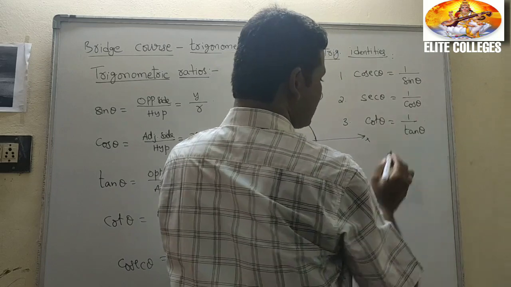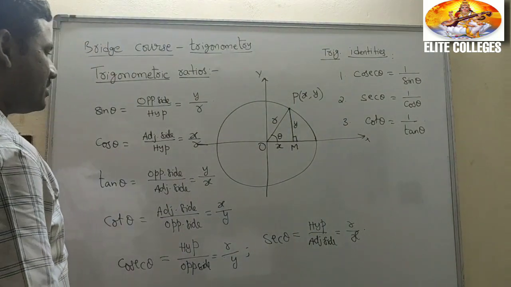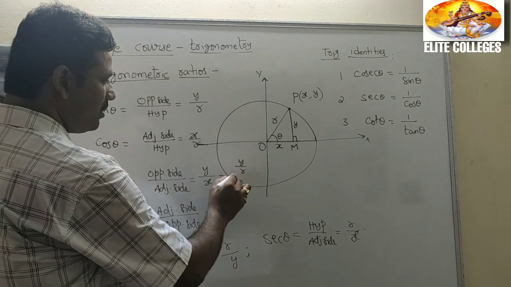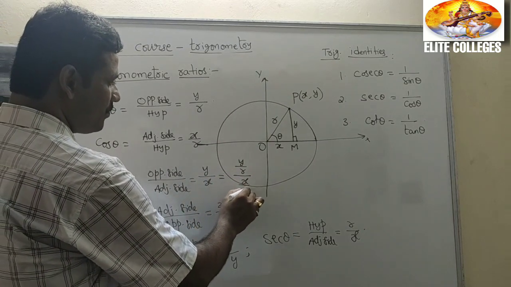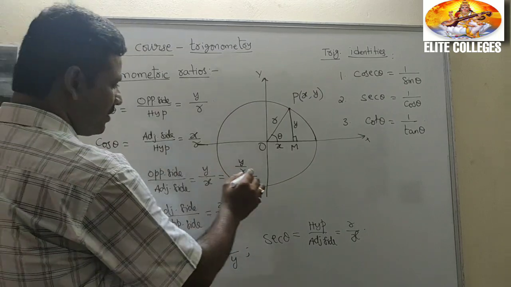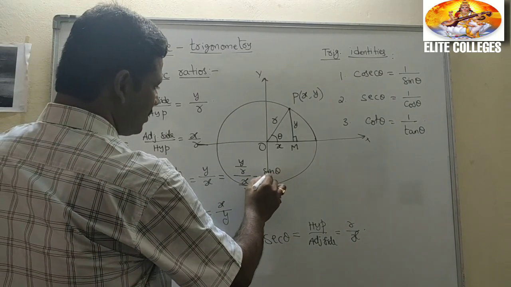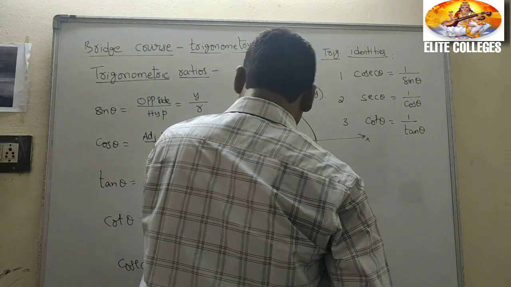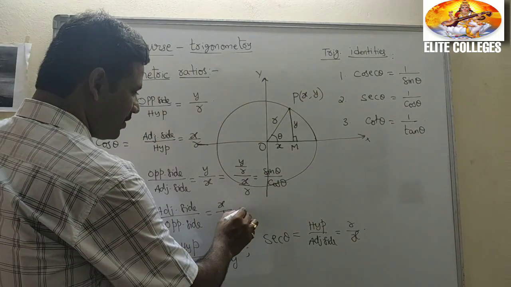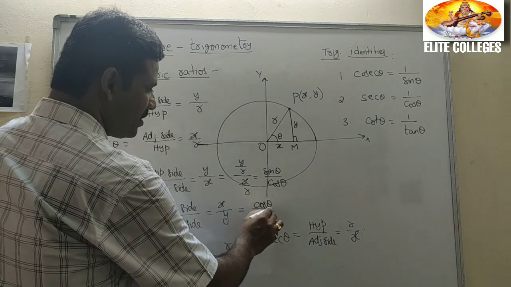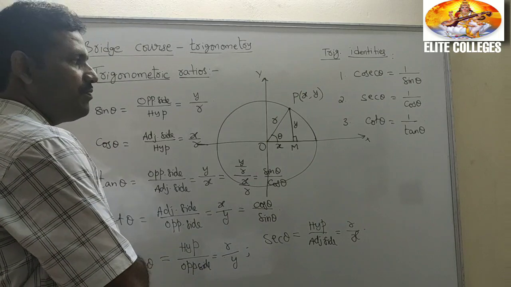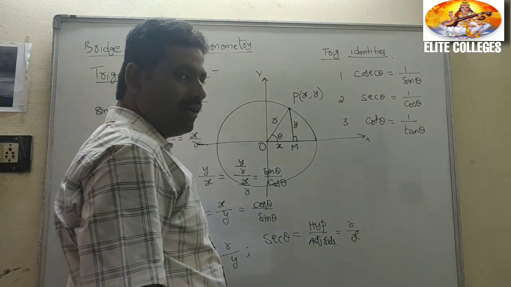So these are the relations. And one more thing, this tan theta we can write as y by r by x by r. What is this equal to? Sin by cos. Tan theta equal to sin theta by cos theta. Cot theta equal to cos theta by sin theta. So these three are the trigonometric identities.